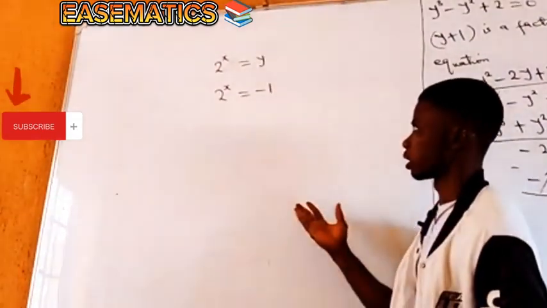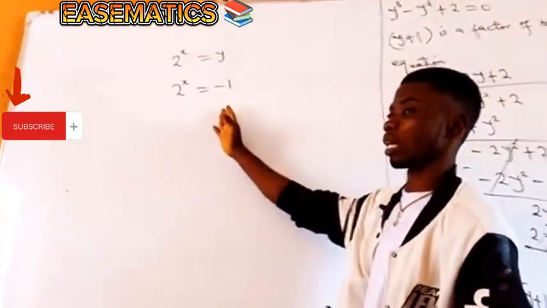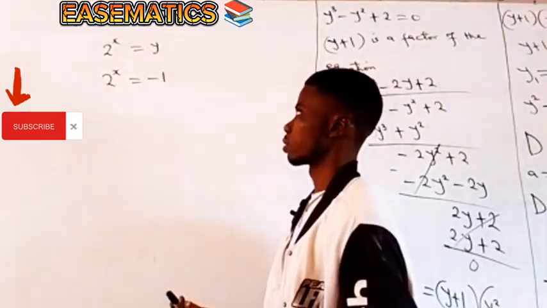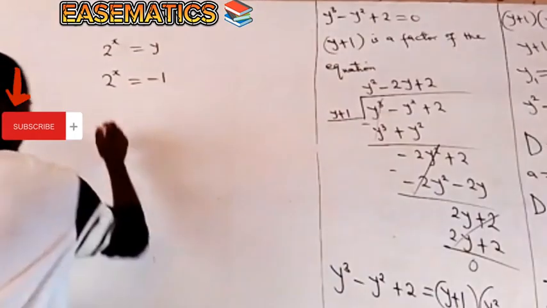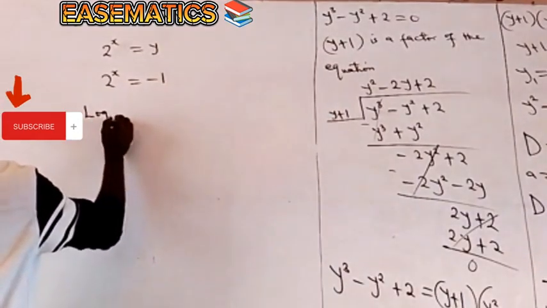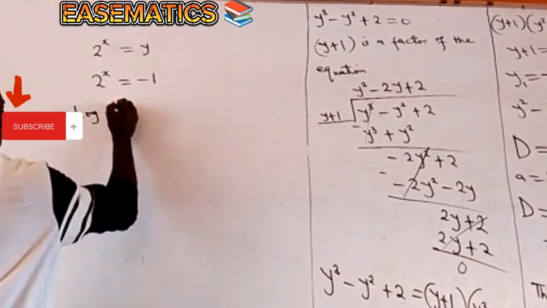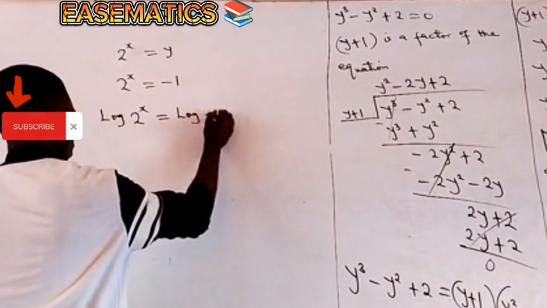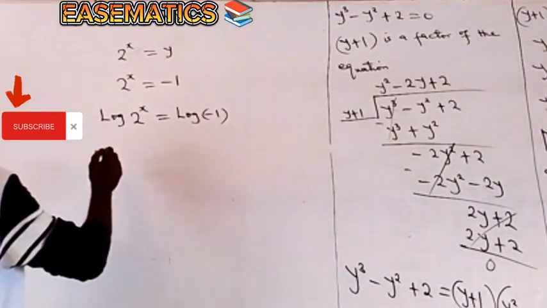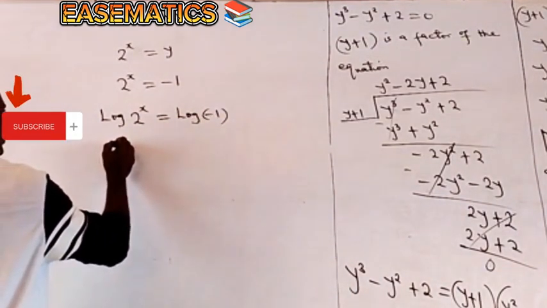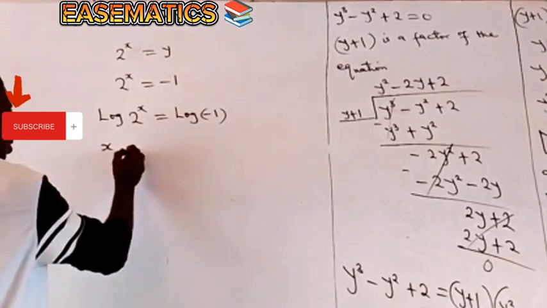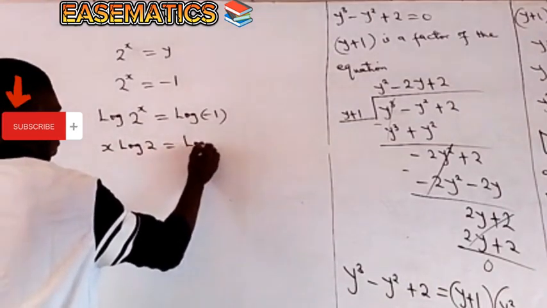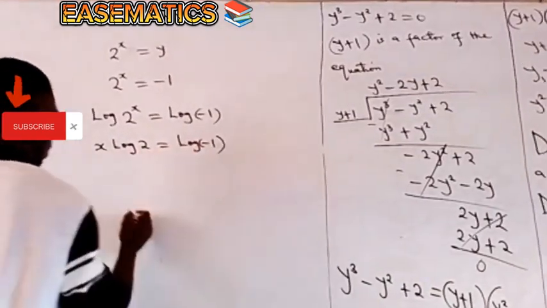What is the next step we are going to take here? The next step is to take the logarithm of both sides. Taking the logarithm of both sides, I can have log 2 to the power of x equal to log minus 1. And here I can write this as x log 2 is equal to log minus 1.